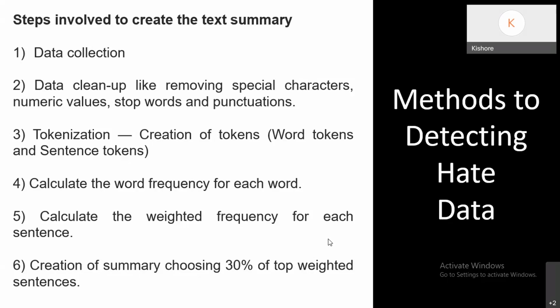What do I mean by pre-processing? Pre-processing is nothing but making your data readily available to pass on to your model. In one of my previous sessions, I talked about converting categorical data into numbers, when I was taking a session about hate content detection.